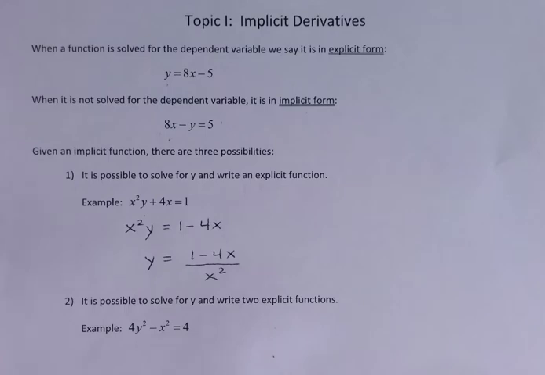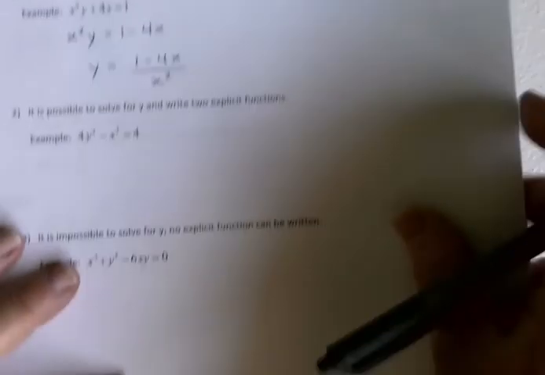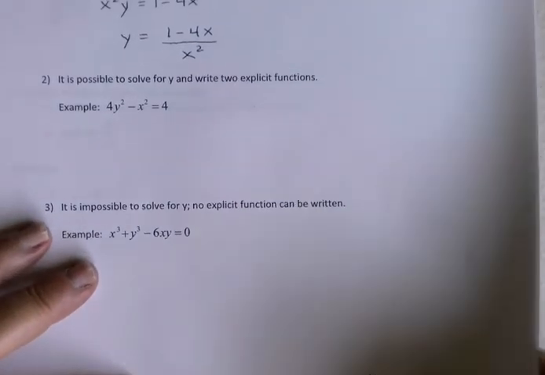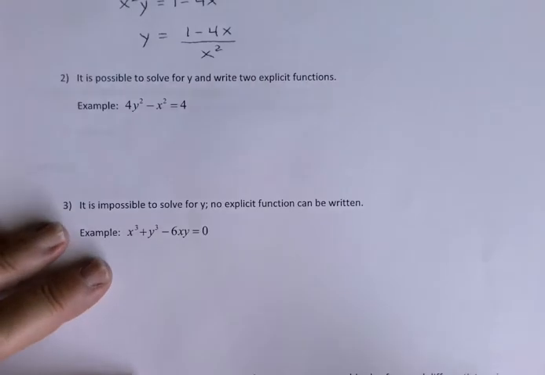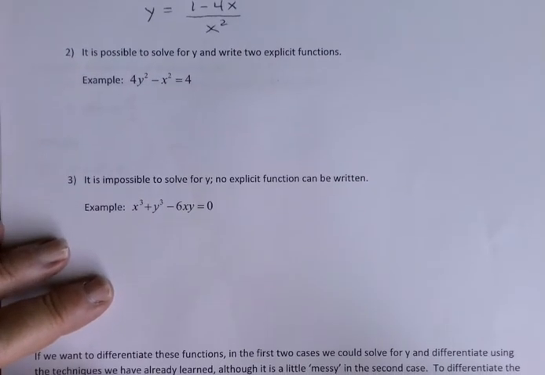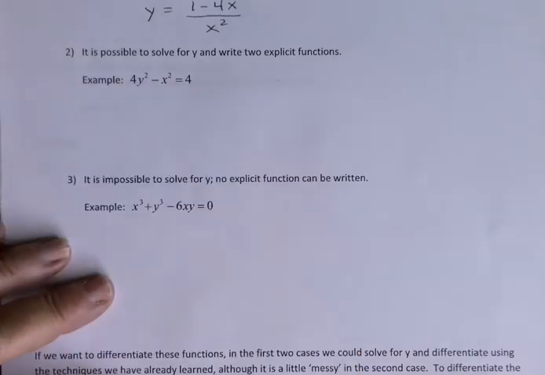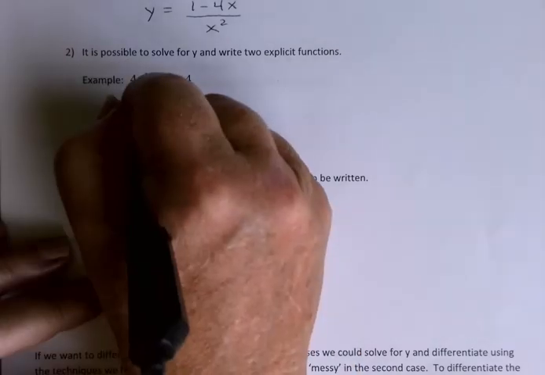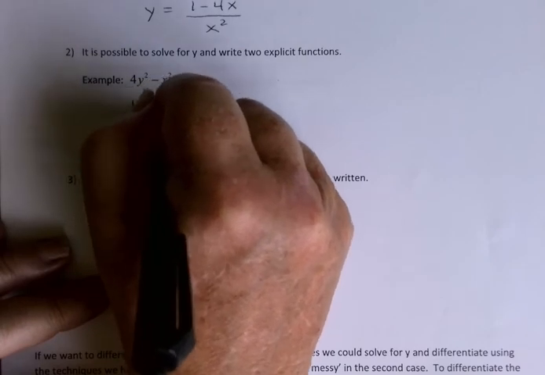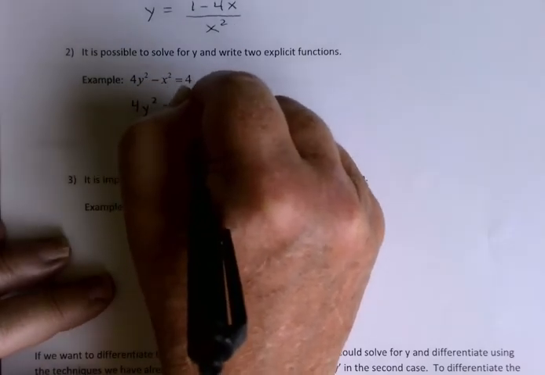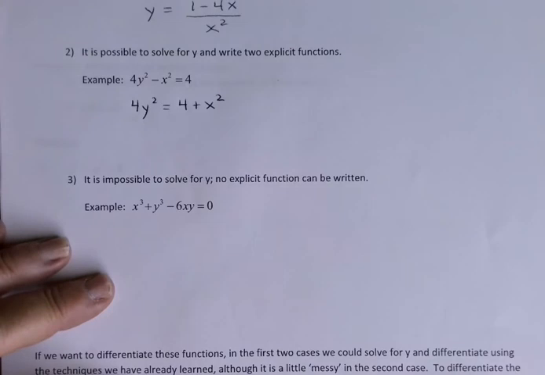Sometimes you can solve for y, but it's not quite as convenient because, because of the square root issue, you end up getting two explicit functions. So in example 2 here, 4y squared minus x squared equals 4. If I were trying to solve for y, I would have 4y squared equals 4 plus x squared.